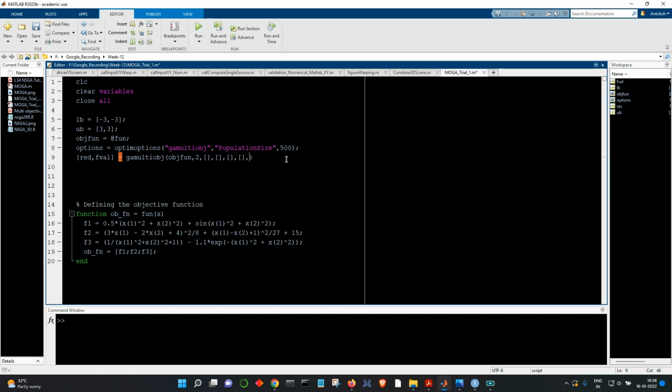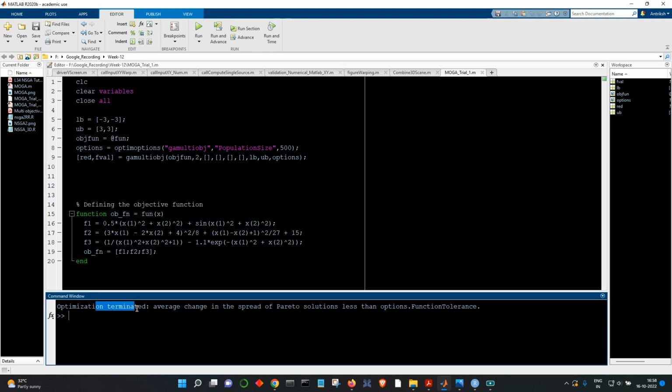Is there any lower bound, upper bound? Yes, we have lower bound and upper bound, so that we keep here. And do we have any specific things that we are trying to change in this optimization algorithm? That is, we have defined in options, so we give options. So we calculate this, and optimization has terminated. Average change of spread of Pareto solution has reached less than the tolerance.